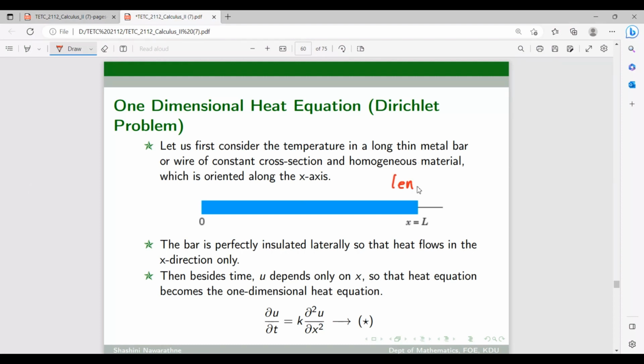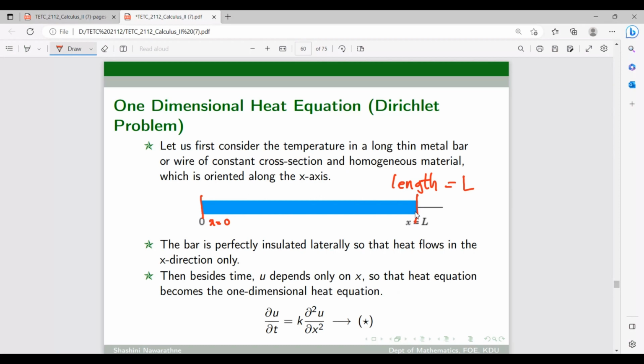So the length is capital L. Since we are considering this along the x-axis, we identify this point as x equals 0 and this point as x equals L, since the length of the metal bar is capital L. So the starting point is x equals 0 and the ending point is x equals L. We identify this point and that point as the boundary points of this wire or metal bar.